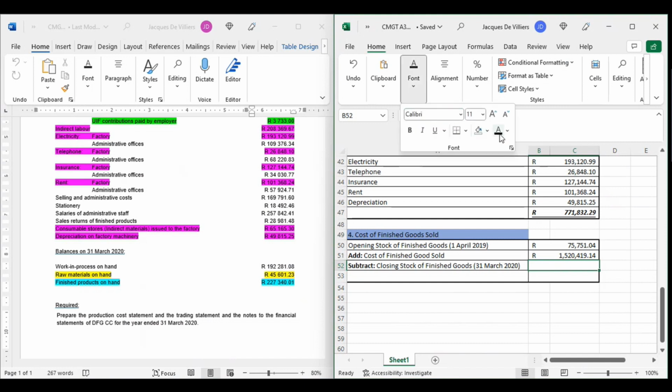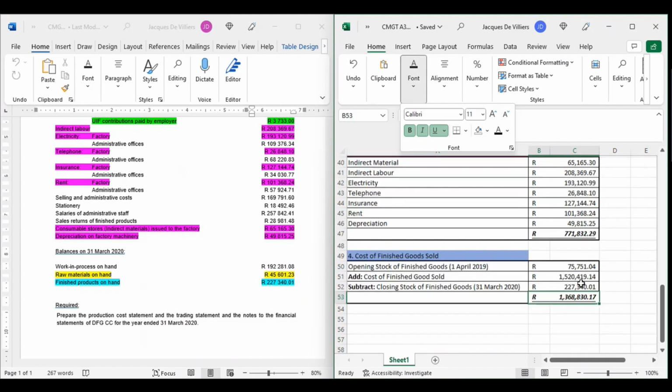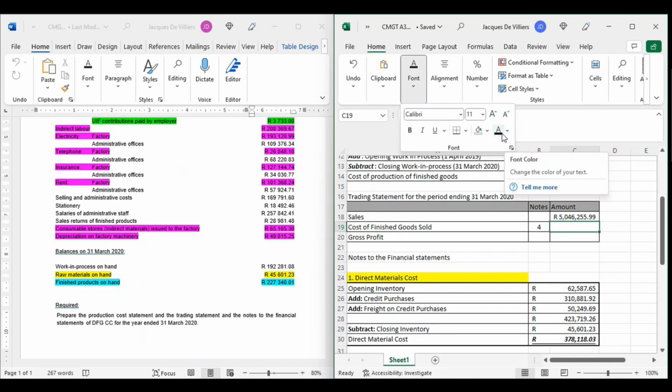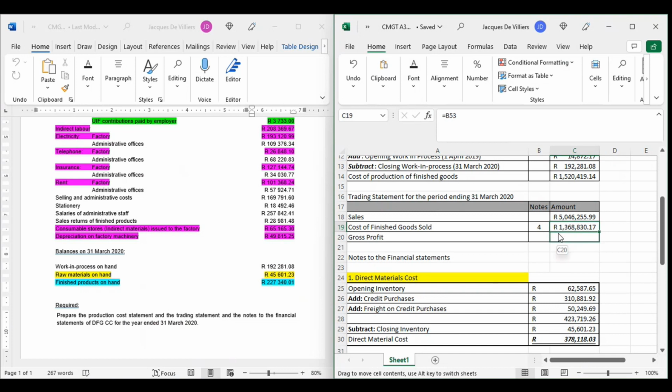So by starting with our opening, adding the cost of the finished goods, and subtracting the closing stock of finished goods, we can see what our cost of finished goods sold is in total. Now that we have that amount, we simply put it in our trading statement, and then the gross profit is simply the difference between those two amounts.